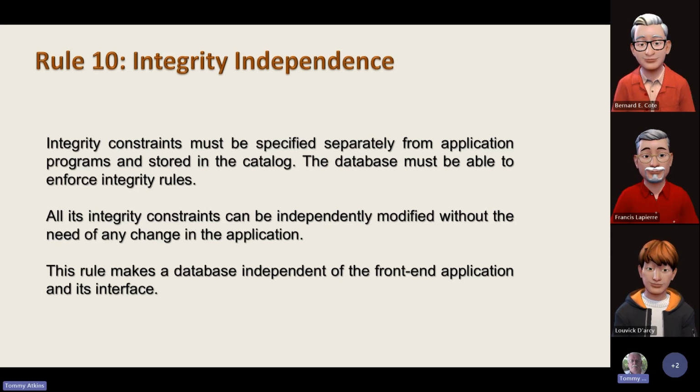The answer, in one word, triggers. Gives you complete compliance with Rule 10. That's exactly what triggers are. The database enforces its own integrity rules, and those rules can be changed independently without change to the application. This is completely and totally answered by application of triggers.